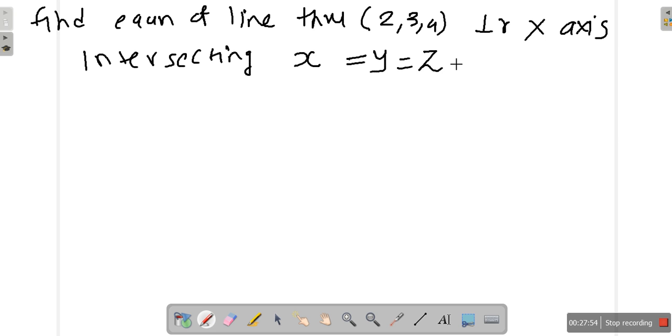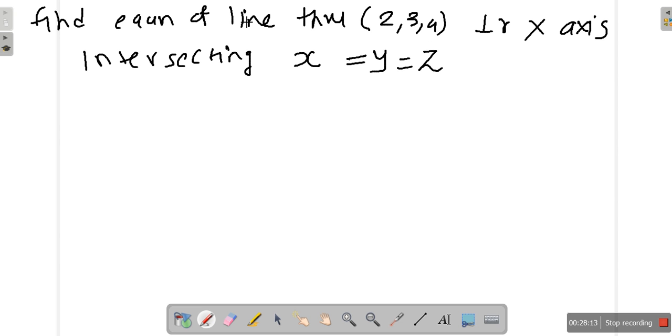See the sum. We are supposed to find the equation of line which is passing through the point (2, 3, 4), which is perpendicular to x-axis and which intersects the line x equal to y equal to z.